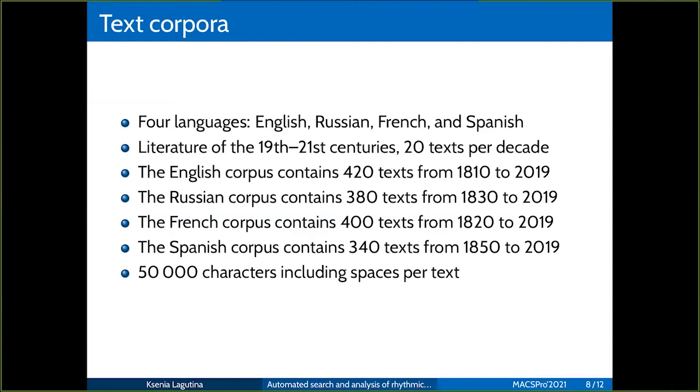I think for Japanese and Chinese, we should use other definitions of rhythm figures and other ways of text processing even. But for all Indo-European languages, I think this model fits quite well.